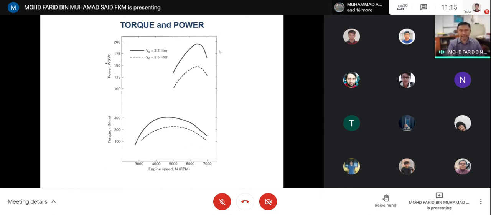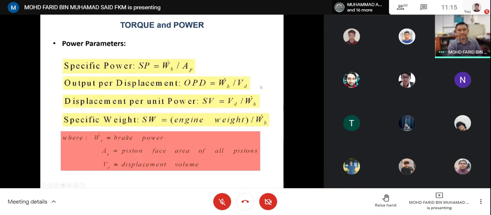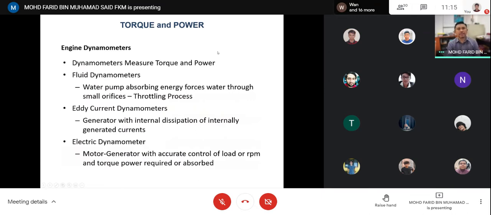That is what you will produce in the following week. This is also some of the equations related to parameters like specific power and output per displacement, and all the detail.